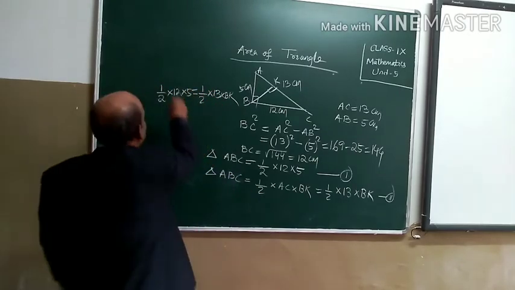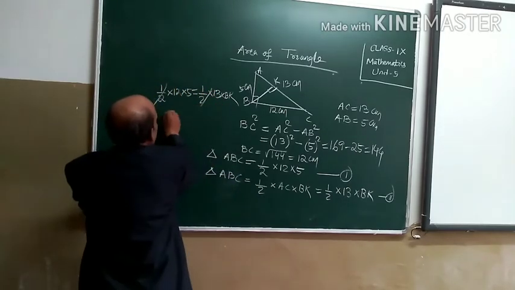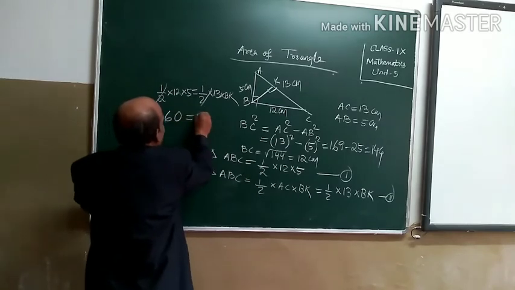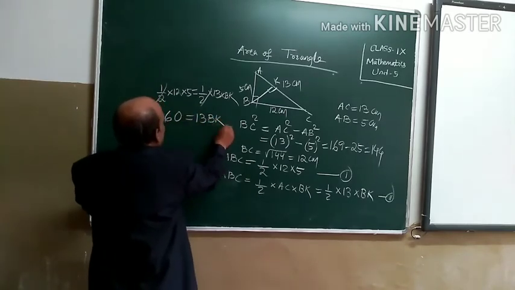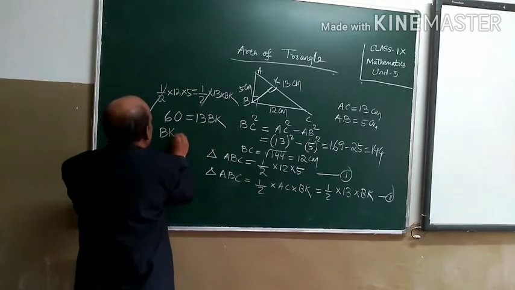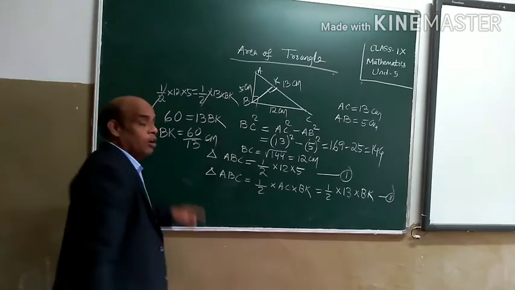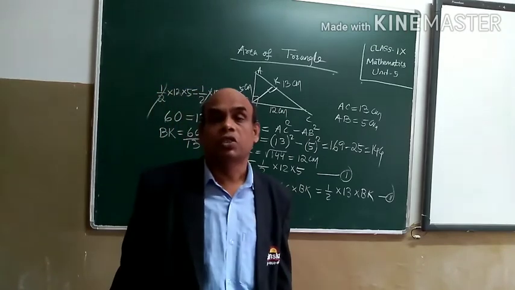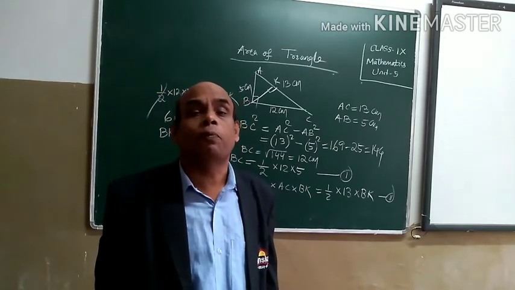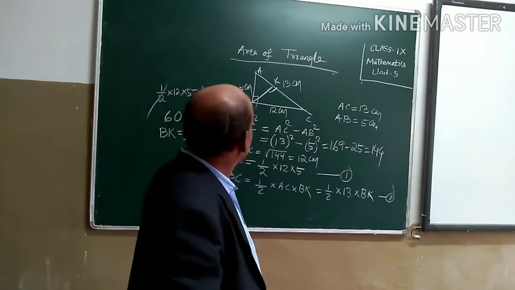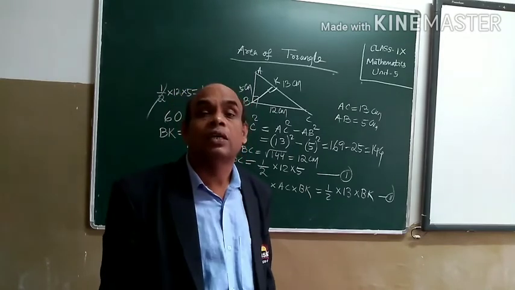So half cancelled. So you got 60 is equal to 13 BK. So BK is equal to 60 by 13 centimeter. So this is the required solution. Like this way you have to find out if perpendicular towards AC is asked.